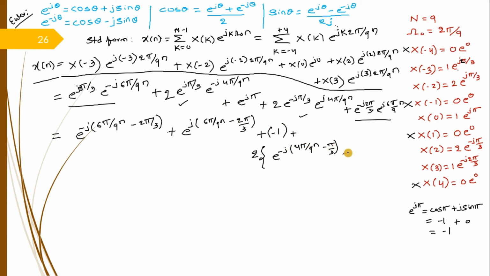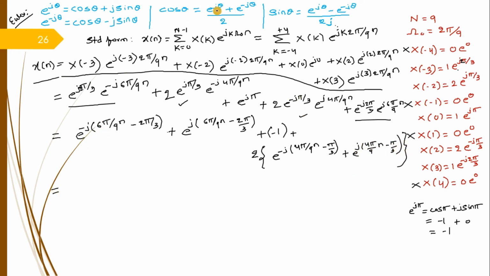And then plus this one, e raised to plus j, 4 pi by 9 n minus pi by 3. So this will make your analysis simple.